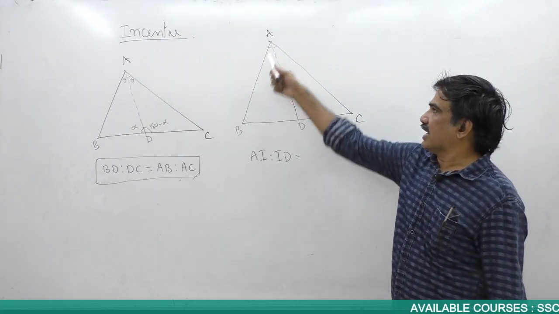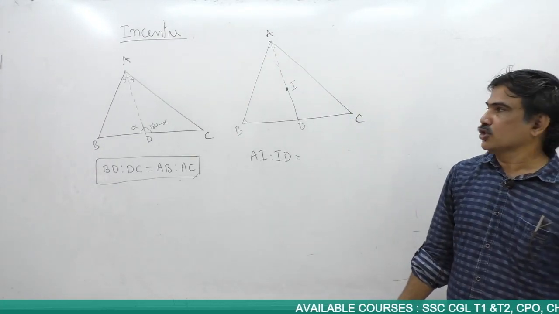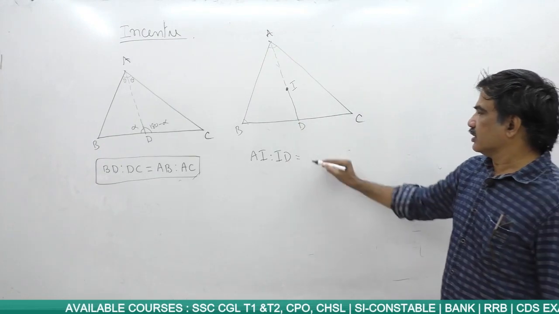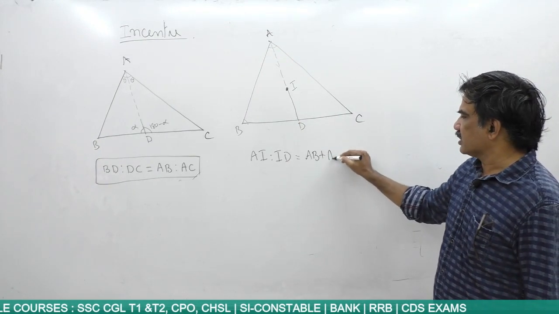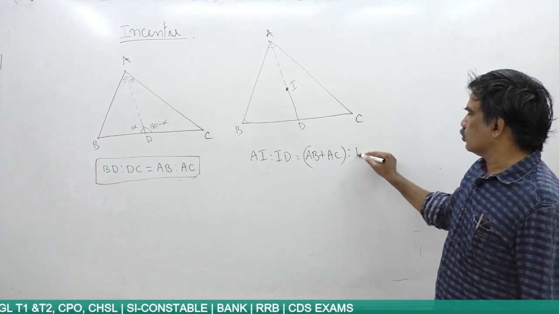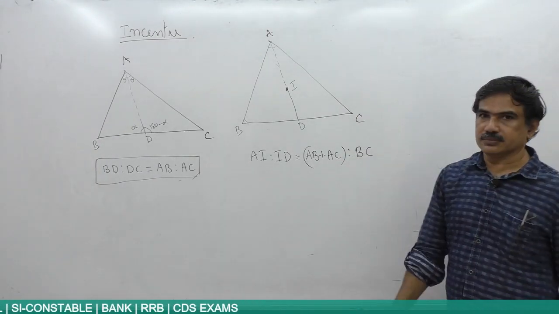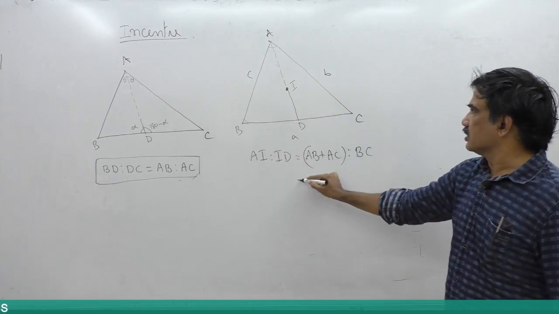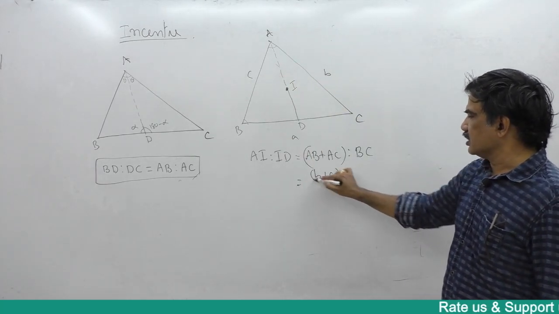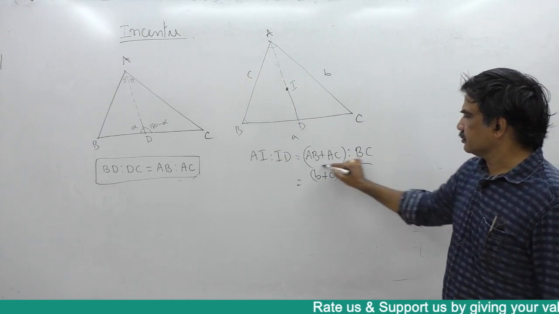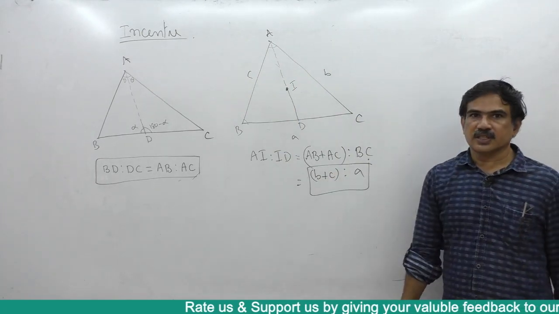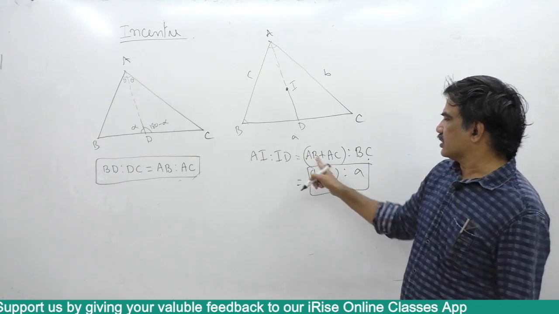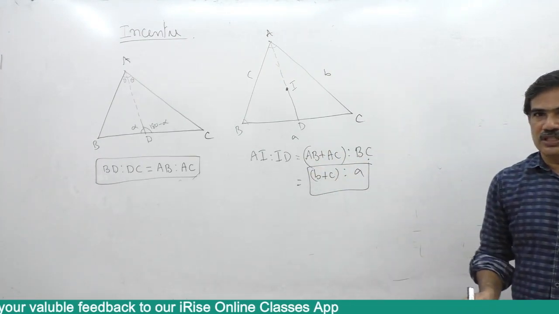The incenter divides the angular bisector in the ratio of sum of adjacent sides is to opposite side, that is AB plus AC is to BC. If this is small b, this is small c, and this is A, this is nothing but B plus C is to A. The incenter divides the angular bisector in the ratio of sum of adjacent sides is to opposite side.